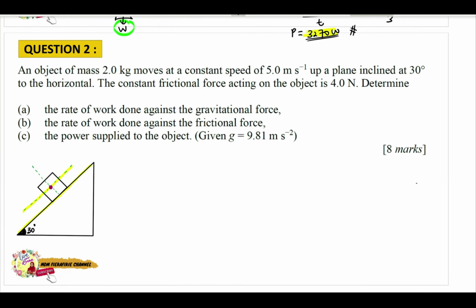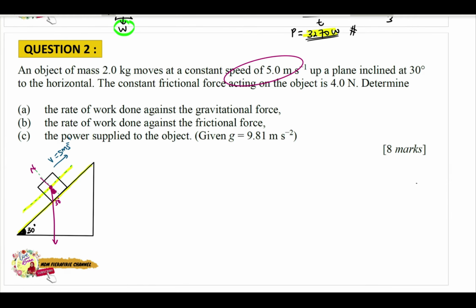Then we're going to have weight straightly downward, and the angle here is 30 degree. And then we will have the normal force as usual. The object is moving upward at constant speed, moving in this direction, v is equal to 5 meter per second.